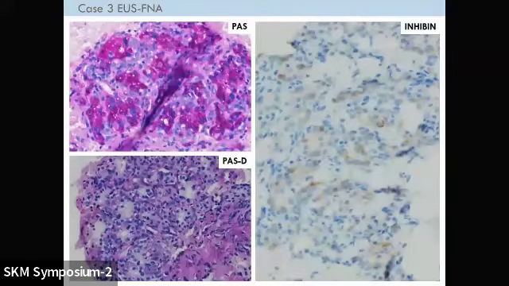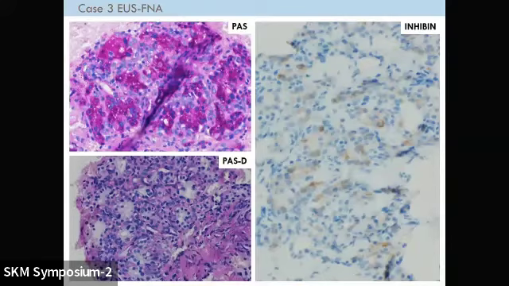Then we further did some additional histochemical and immunostains. At that time, I thought out of the box and brought some additional entities into the differential diagnosis. And actually, I thought probably this might be a serous cystadenoma because of the clear cytoplasm that we saw on cytological preparation.